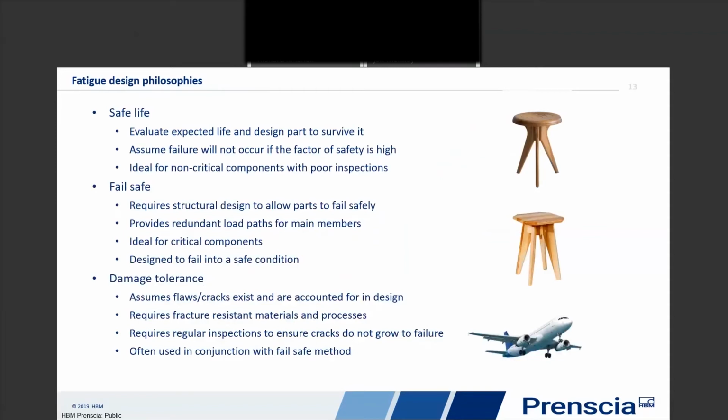Over time, there's been a variety of design philosophies to go off and design for fatigue. The first one, and actually the one that's still prevalent today, is called Safe Life. In here, we're actually looking, in most cases, where parts are driven by initiation rather than crack propagation.